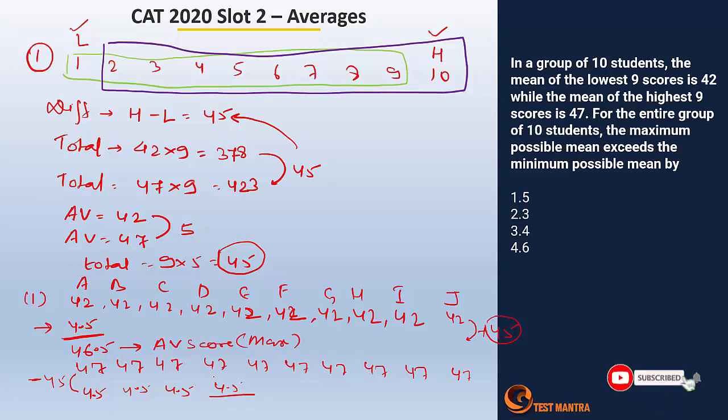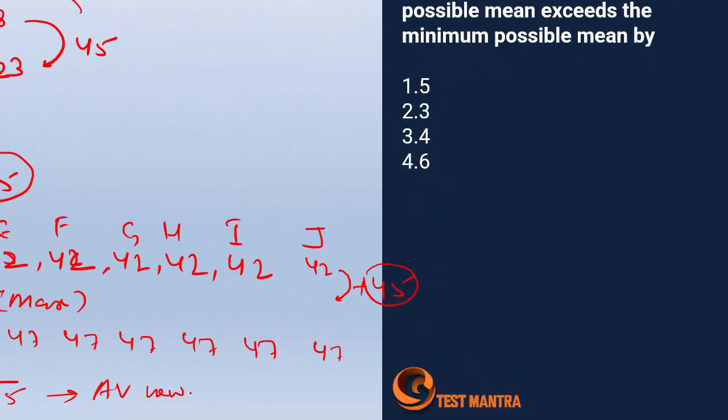Now let's take the value. So here if we'll take 47 minus 4.5, it is supposed to be nothing but 42.5, because I'm reducing it by 4.5. So the new average score here is supposed to be 42.5. That is my minimum score possible.